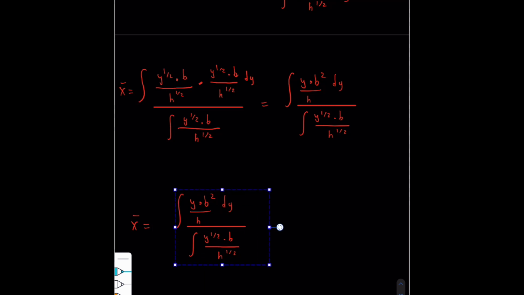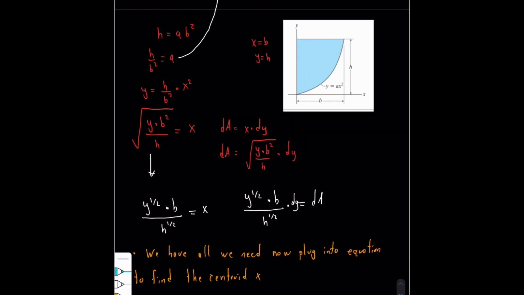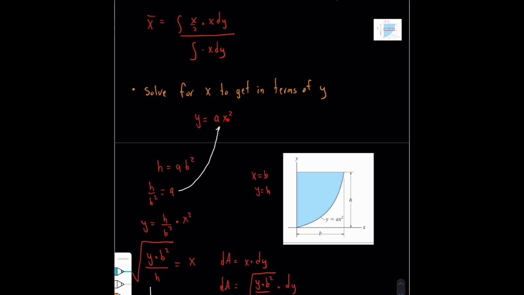Centroid. Okay, so previously I was going to say why we were going to solve for this variable here. As you can see, a could be written in terms of h and b here. Now when we take the integral, we take this with respect to h, because we chose this strip over here.